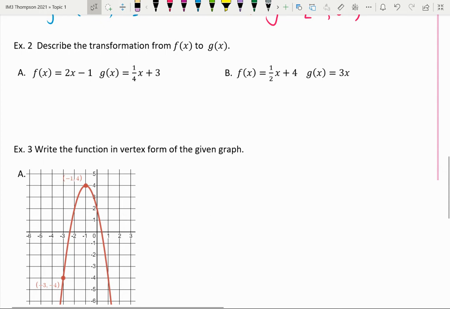We've got 2 different types of problems to go. In example 2, we're going to talk about transforming, instead of from the parent function to a new function, from a non-parent function to a non-parent function.